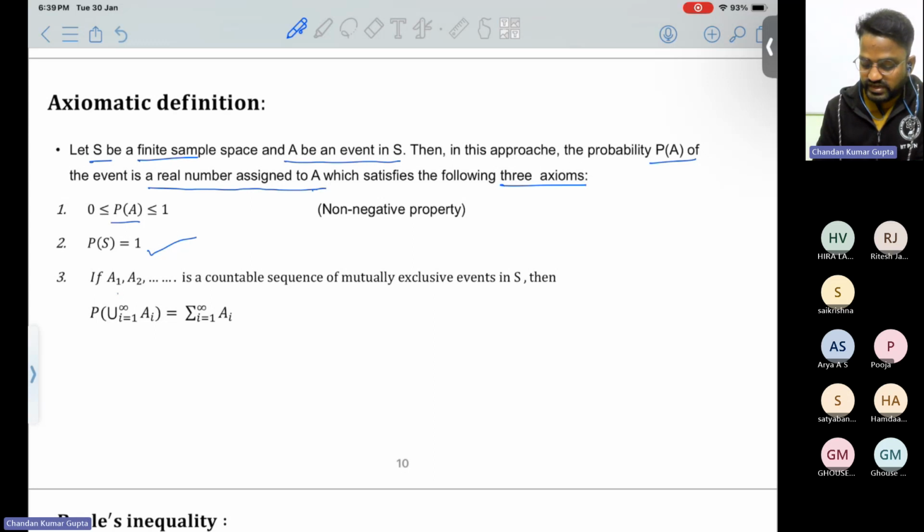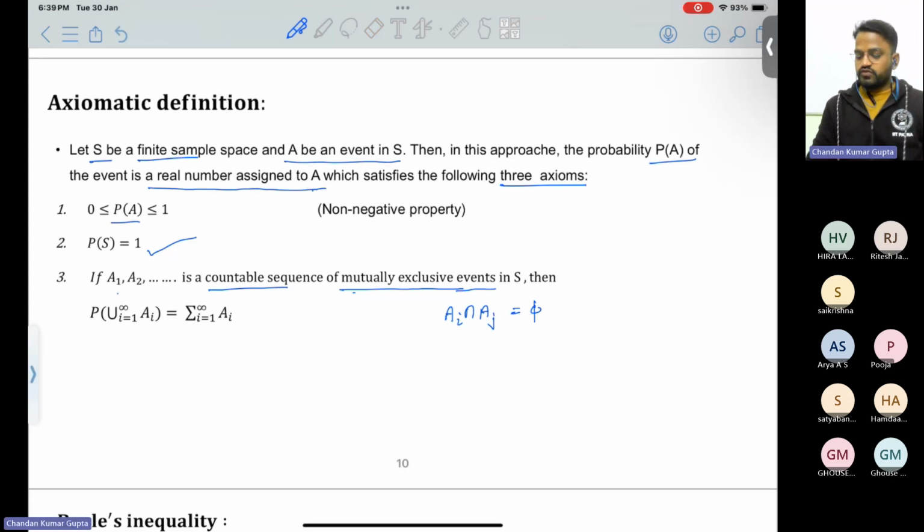And the third one is that if A1, A2, and so on is a countable sequence of mutually exclusive events, we should focus here, that is, Ai intersection Aj equals empty set for i not equal to j, then the probability of the union of Ai is equal to the summation of the probability of Ai.